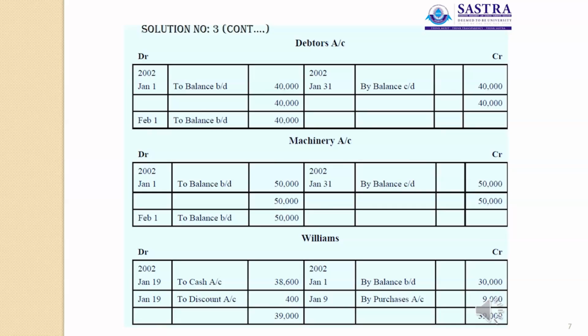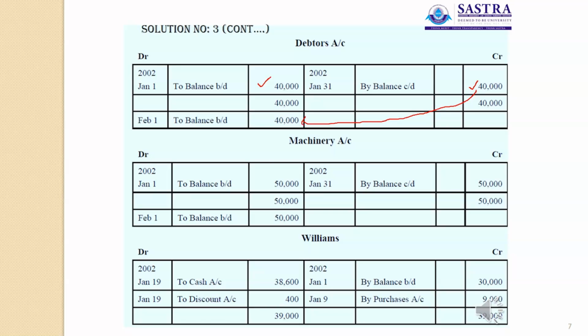Next account is the debtors balance. You have to open the debtors account. So 1st January 2002, to balance brought down rupees 40,000. Then 31st January 2002, 40,000. So this amount was brought forward to the next month, February 1st.